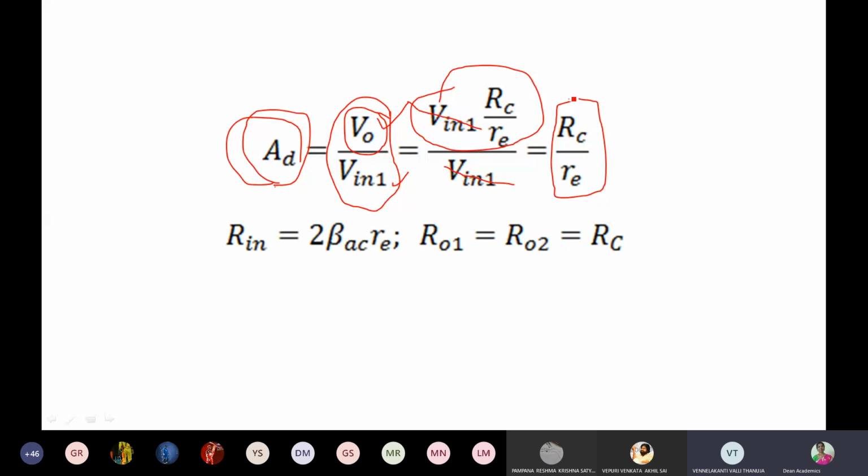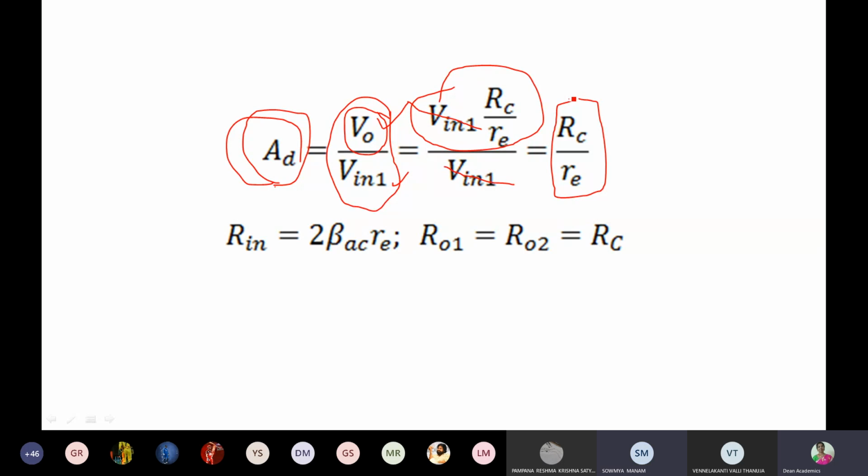You see, for the differential amplifier there are 4 configurations. First one is dual input balanced output. Second one is dual input unbalanced output. Now the third one we are doing is single input balanced output. For the first one, dual input balanced output differential amplifier, what is the differential gain expression?